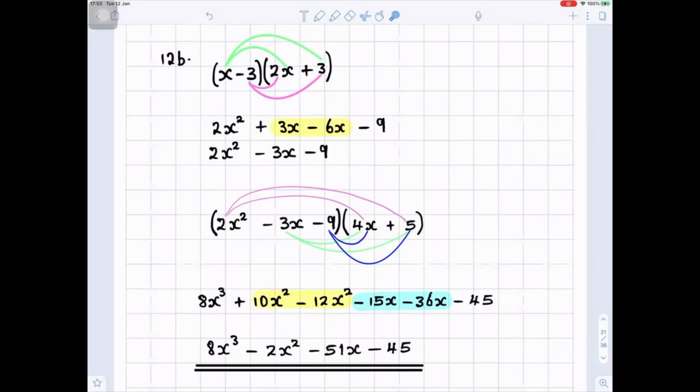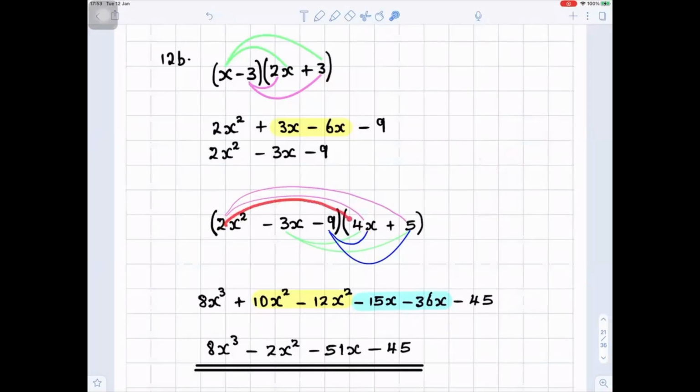So try and follow these lines. 2x squared times 4x gives you 8x cubed, because 2 times 4 is 8, and x squared times x is x to the power 2 plus 1, which is 3, so it gives you x cubed.